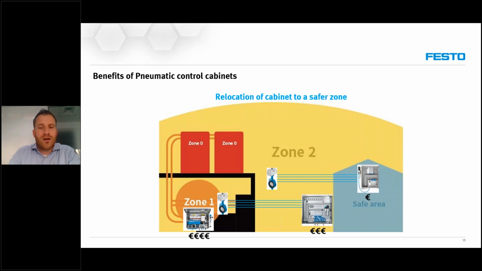But because we have the opportunity to decentralize our pneumatic function to a lower zone, instead of zone 1, we move it to zone 2, we can reduce the impact on the control cabinet and the components being selected, which has a direct cost impact.